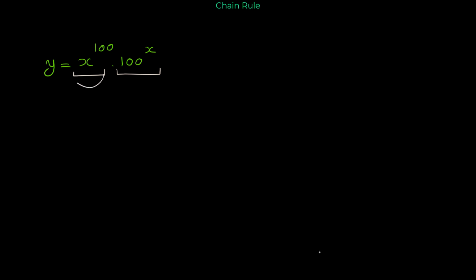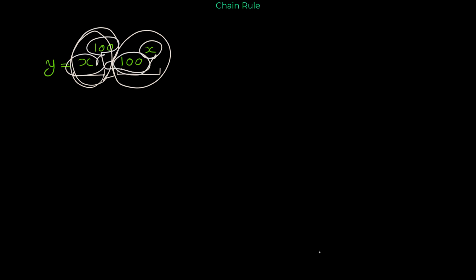Attention, these two functions are fundamentally different. One of them is x to a power, the other one is a number to the power of x. x to the 100 is a polynomial, but 100 to the x is an exponential function.